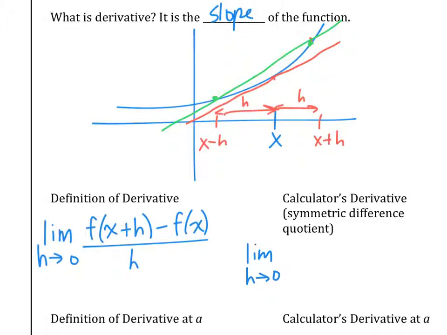Okay, so this is going to be the limit as h goes to 0 of f of x plus h minus f of x minus h all over 2h, because you're 2h away from x now. All right, so this is the definition of derivative, which means the derivative of the function at any x.